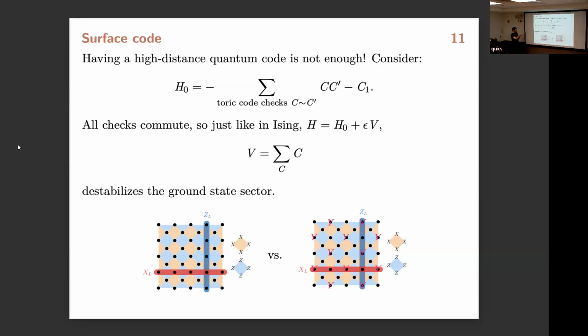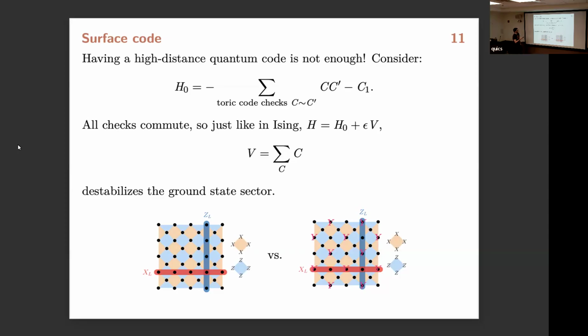The Hamiltonian is just a sum over these products of nearest neighbor checks, seeded by a single on-site term. You can show that the ground states of this Hamiltonian are identical to those of the surface code. So again, we have a high distance code protecting the ground state degeneracy, but it's not stable. And we can do the same trick that we did in the Ising model.